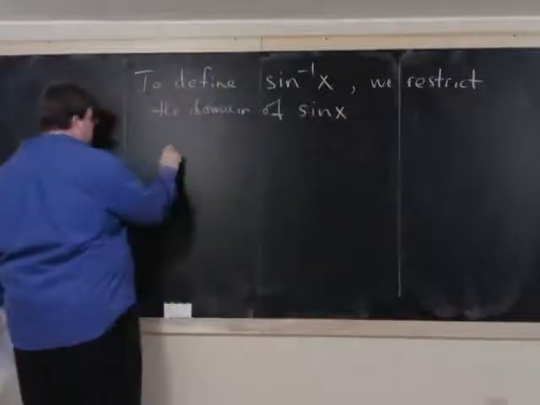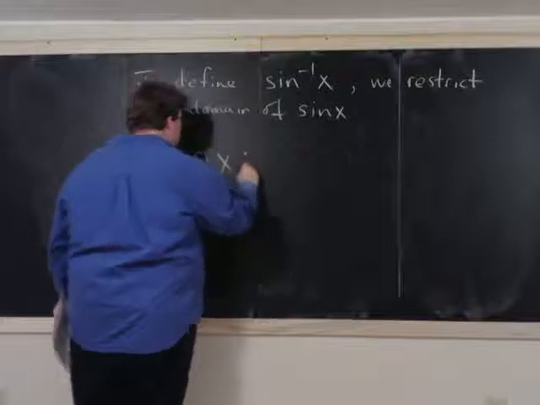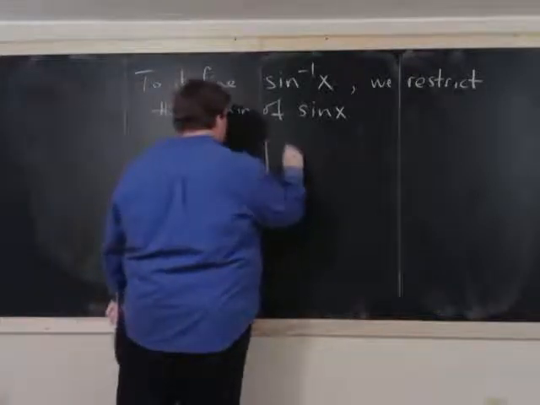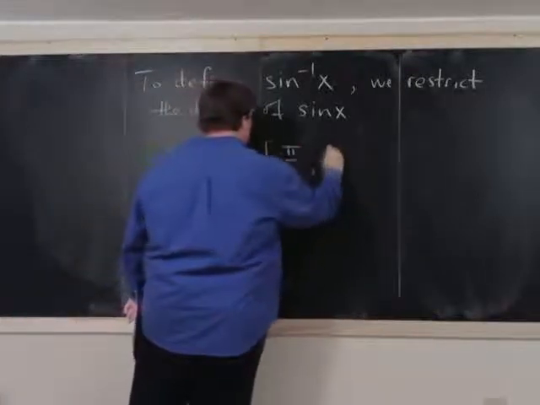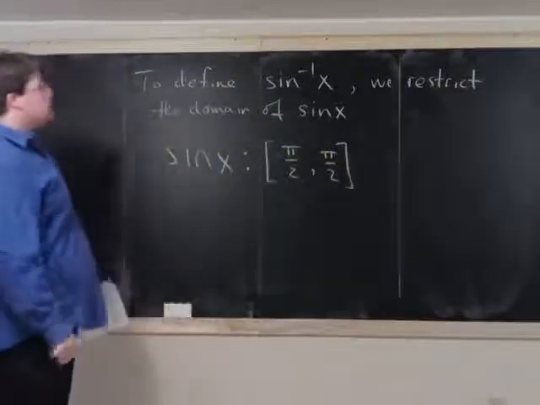And what does that look like? Well, remember, we're taking the domain to just be negative pi over 2 to pi over 2. That's our domain restriction.